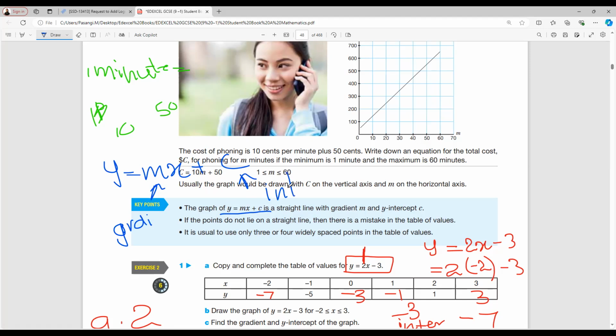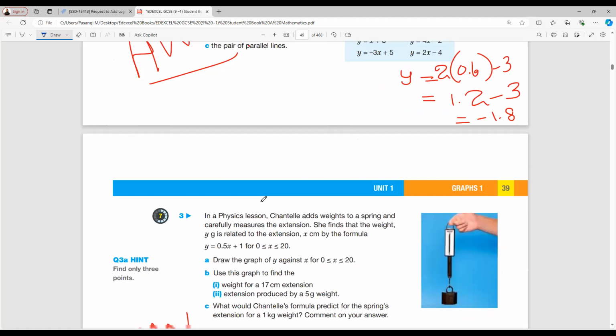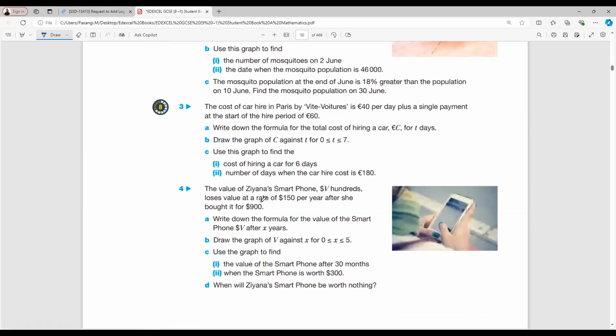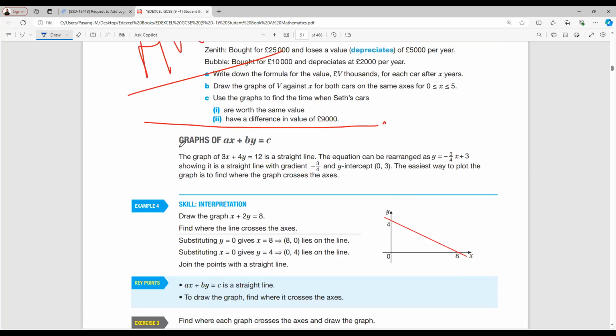That's what we call the gradient and the intercept. Now here we are going to graph these types of equations.